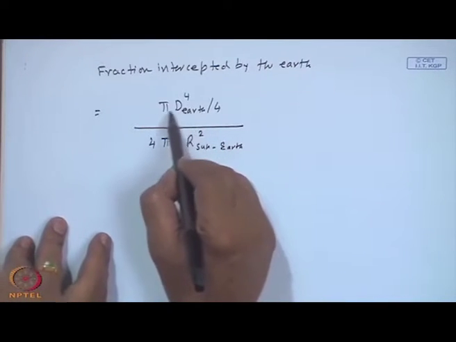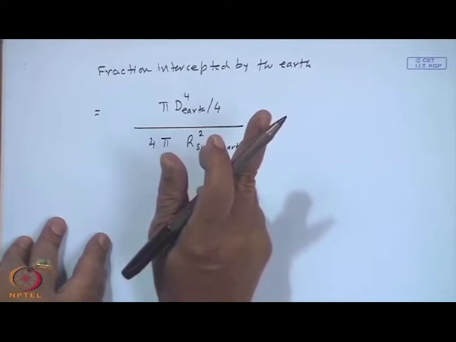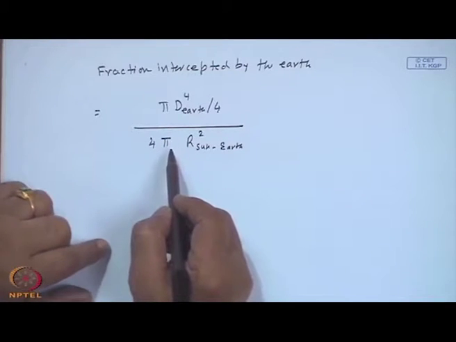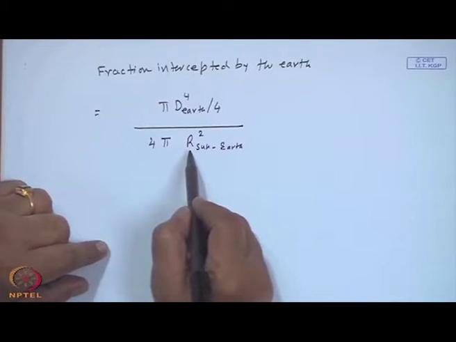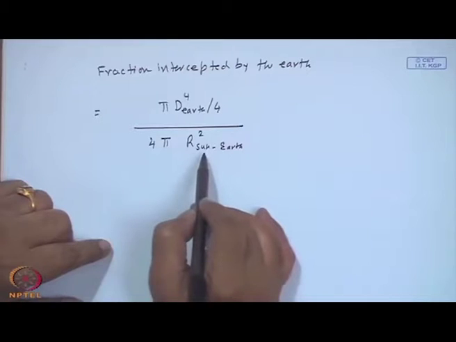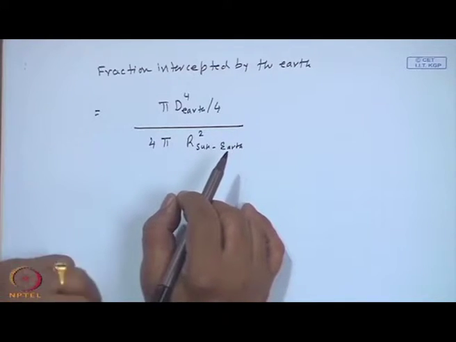Please note pi d squared by 4 is nothing but the cross sectional or projected area of the earth, whereas this is the spherical area of a sphere at the sun to earth radius. So, you have 4 pi r squared instead of pi d squared as we have written in the case of the sun, because it is in terms of diameter.